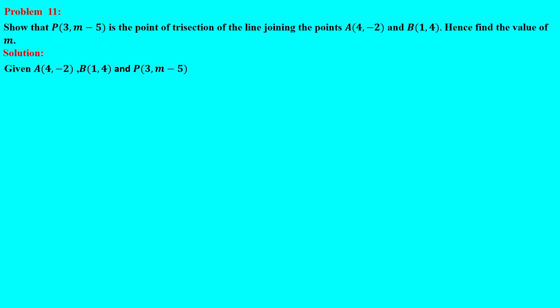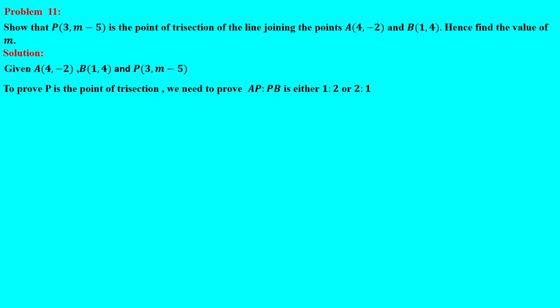B. That is, if we join A and B by a straight line, P is the point of trisection on that line. That means that line is divided into 3 parts and the lengths of all 3 parts are equal, right?